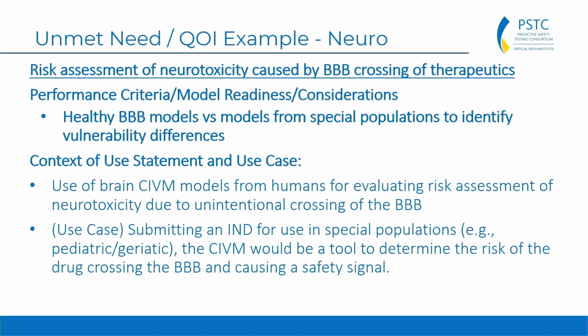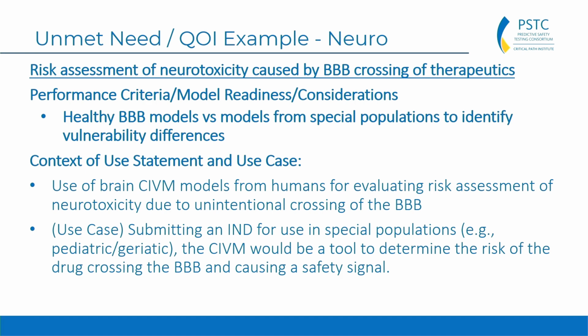We actually have a lot of ideas, and one of them was developing CIVM models of healthy blood-brain barrier, and then comparing those to blood-brain barrier CIVM models from the previous group mentioned special populations to identify vulnerability differences. So we're talking about blood-brain barrier models maybe from pediatrics, geriatrics, or disease-specific models, Alzheimer's, Parkinson's, anything, and see if there are any differences there.